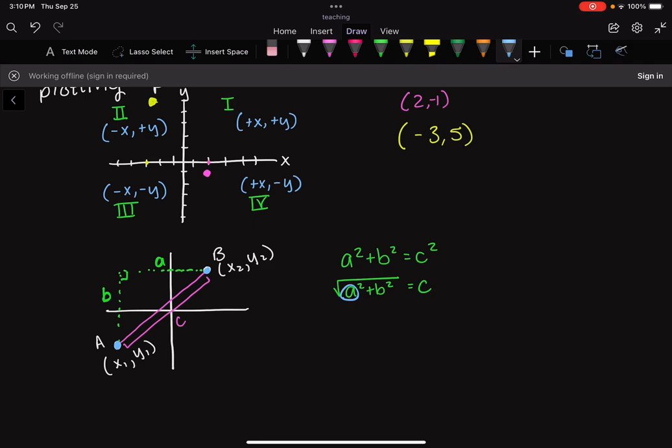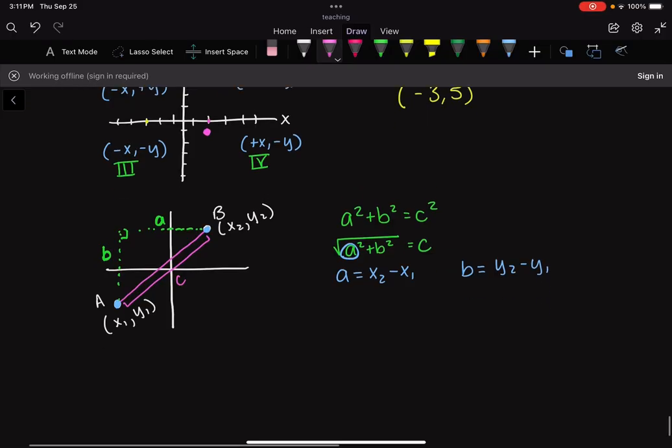So for a, I'm going to have to do x2 minus x1 to get that horizontal distance. For my vertical distance, I'll call that b, I would have to do y2 minus y1 to get how far vertically. All of this coming together is what gives us the distance formula.